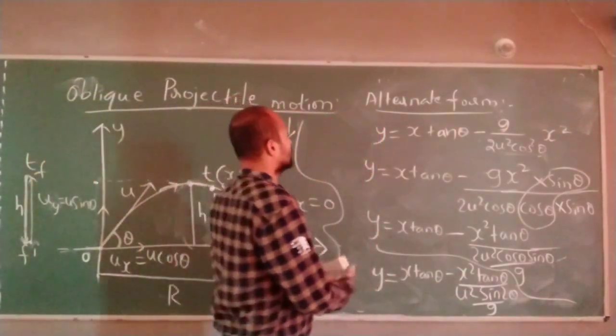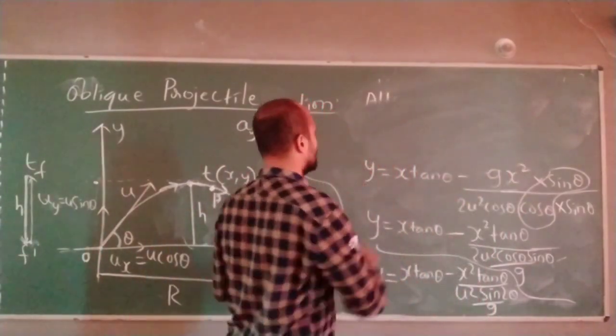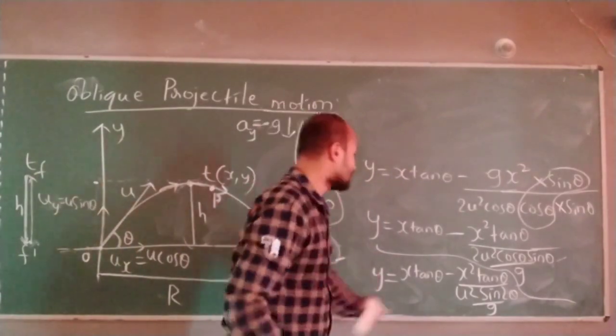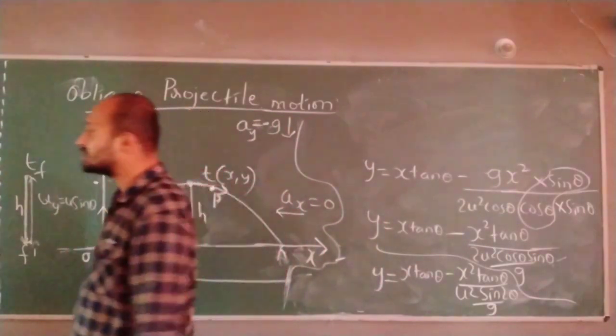Now, if I rub this, another format I am going to write. What is u square sin 2 theta by g?